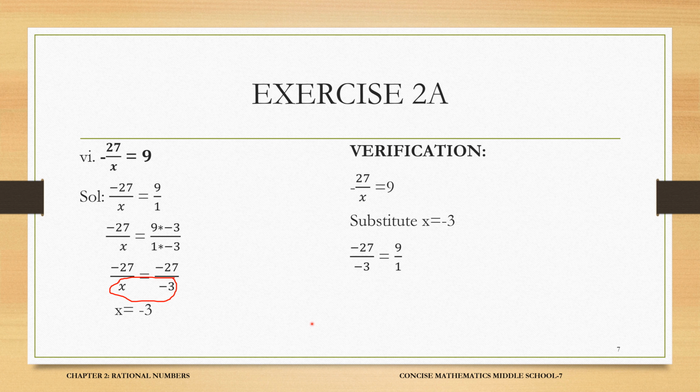So I'm just placing the minus 3 in the place of x, and here minus minus gets cancelled. 3 ones are 3, 3 nines are 27. So 9 by 1, you get it on the left hand side. Now 9 by 1, 9 by 1, both sides are equal.